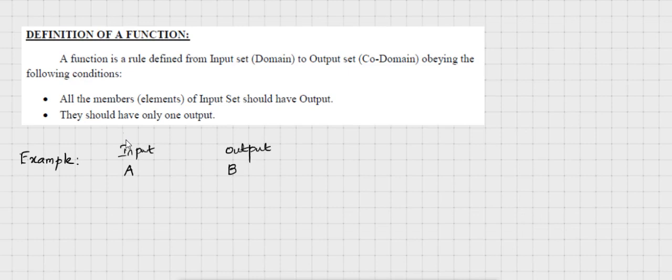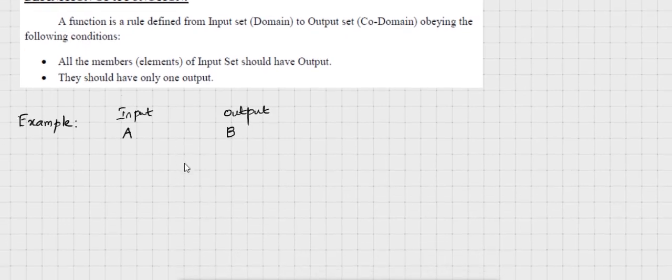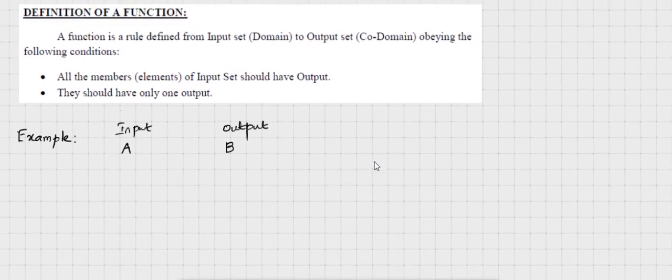When we say this is a function, the input set can contain many elements. For example, here I am taking just 6 elements, 1, 2, 3, 4, 5 and 6. And the output set also contains many elements.